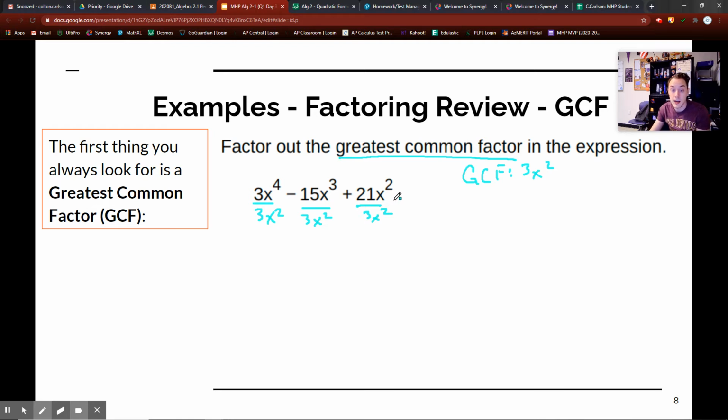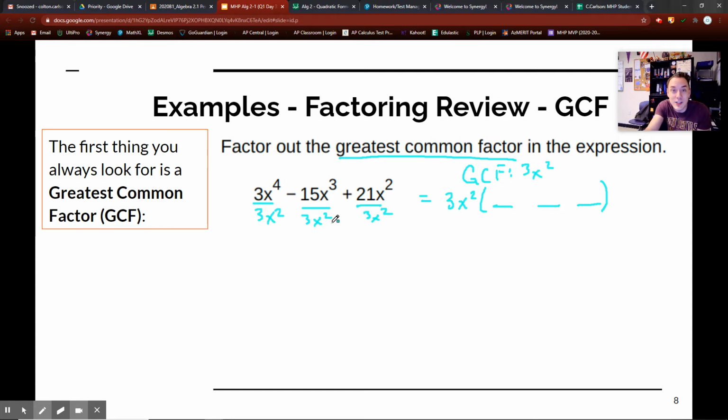perfectly. Okay? Because 3 is divided by 3, 15 is divided by 3, 21 is divided by 3, and you get a number. And you can take x to the fourth divided by x squared, x to the third divided by x squared, x squared. Okay? So what happens is when I take out 3x squared, what I'm going to get are 3 spots left in these parentheses. Why?